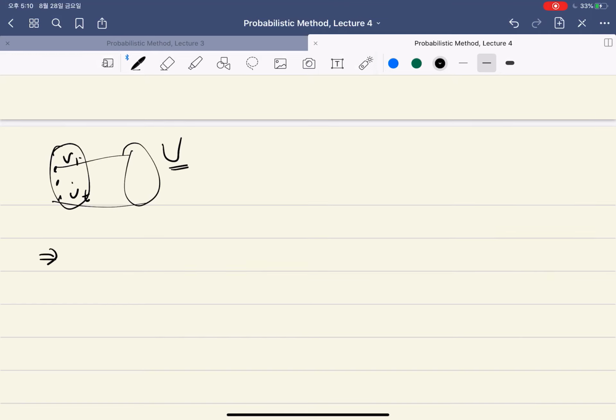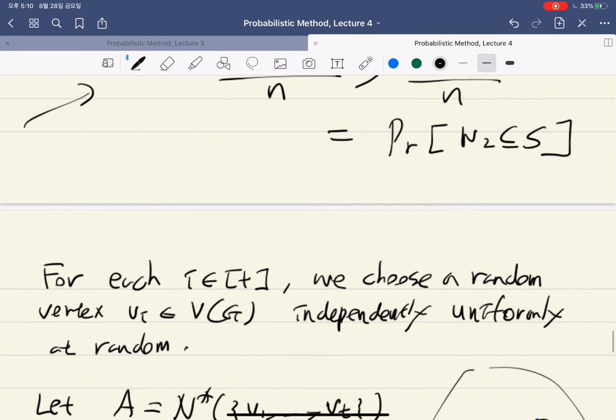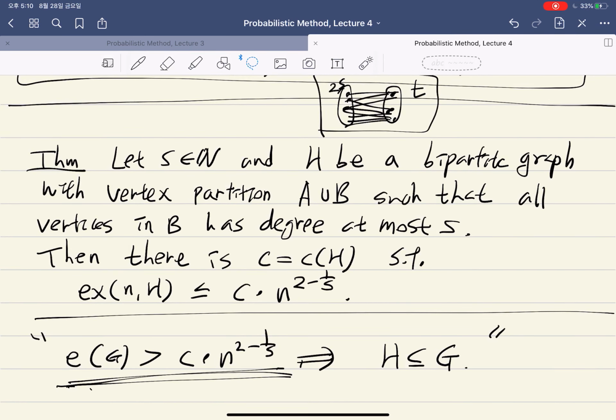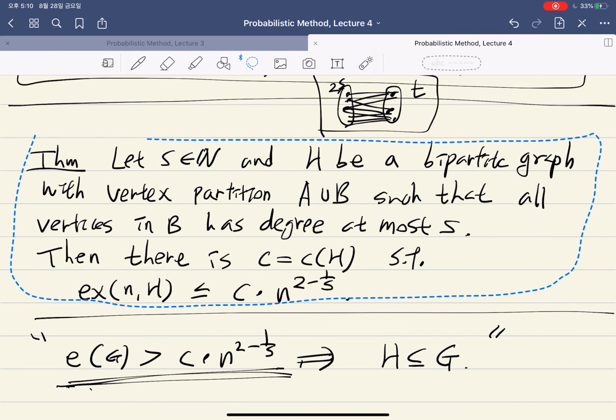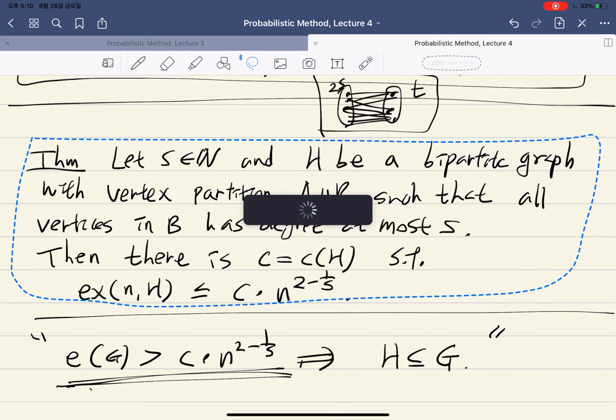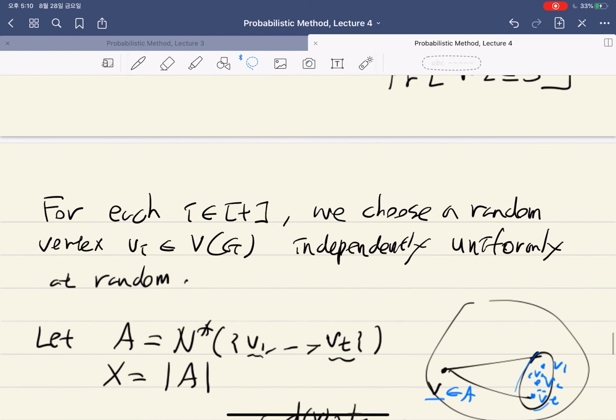So we call this method, or this lemma, dependent random choice. By using this, we can prove our goal, the theorem about the Turán number of the bipartite graph where one part has a bounded maximum degree.